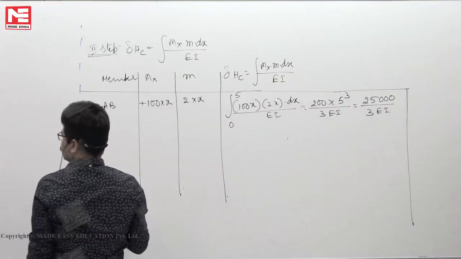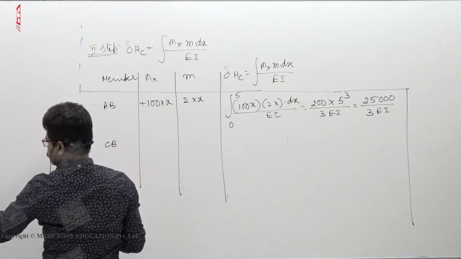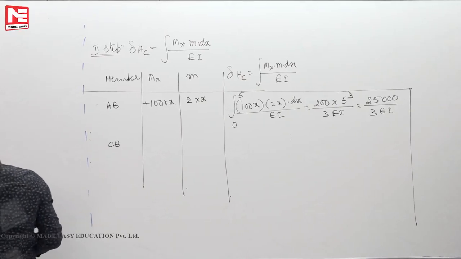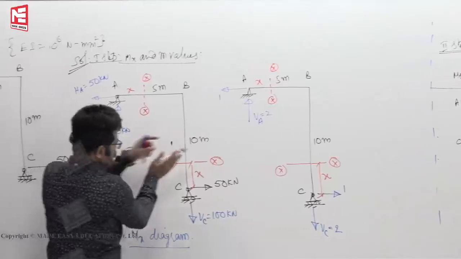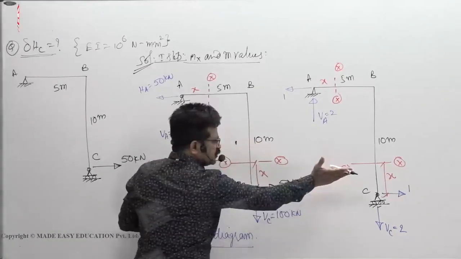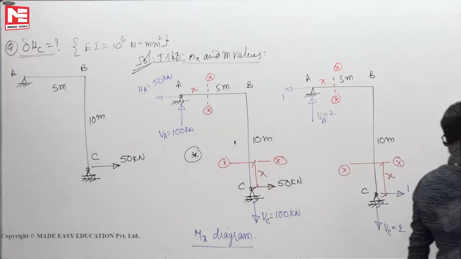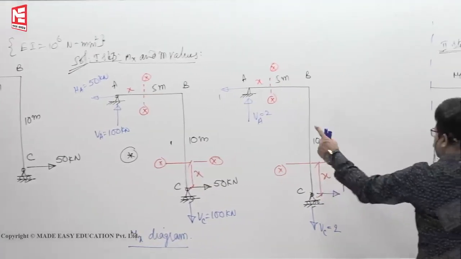Then CB member. Stand here, look this one. This is plus, because when you are standing here, section right side, this is like an upward force. It will produce positive bending moment. Plus 50 into x. Here 1 into x.